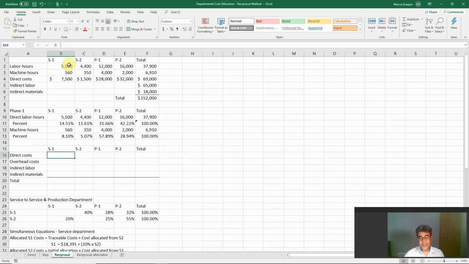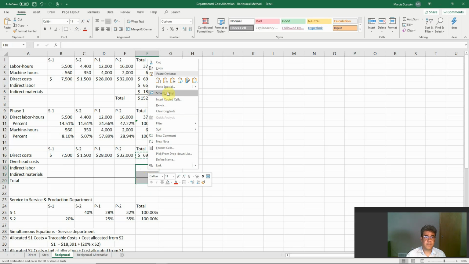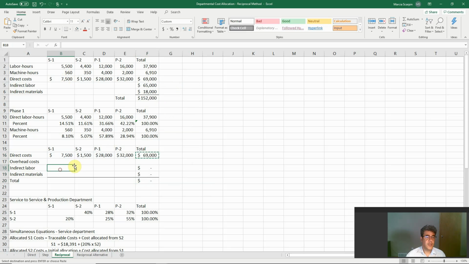Now let's allocate this cost. Direct costs are already traced, so no math is needed. And the total, sum here, and let's copy and paste the sum formula. Indirect labor here, 65,000. Let's fix it. Times percentage for service one.